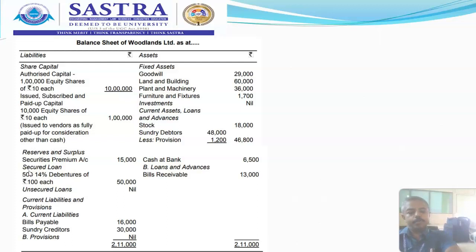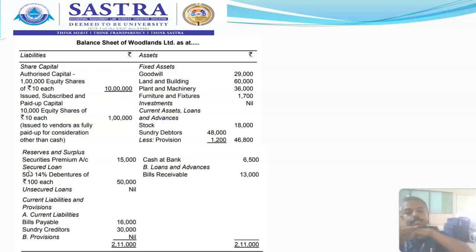Because as securities premium, during the issue of shares, we got 2 rupees per share for 10,000 shares. It comes to around 20,000 rupees. That is the actual securities premium they received.